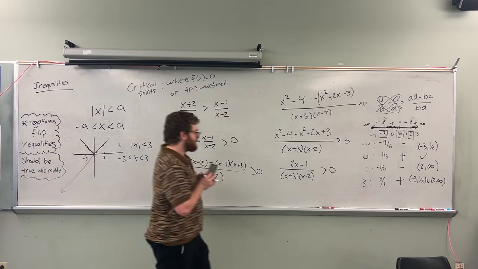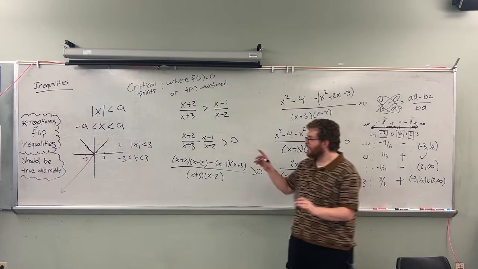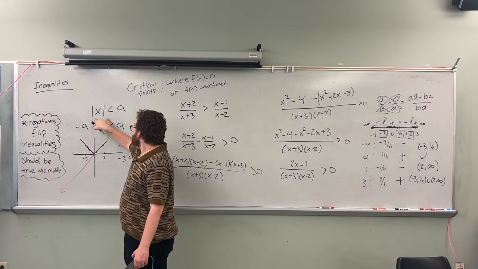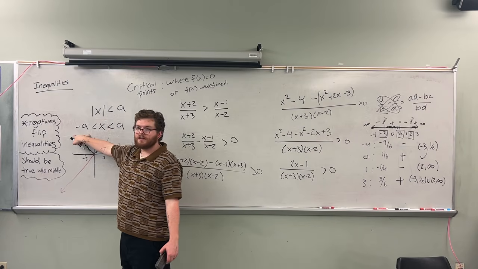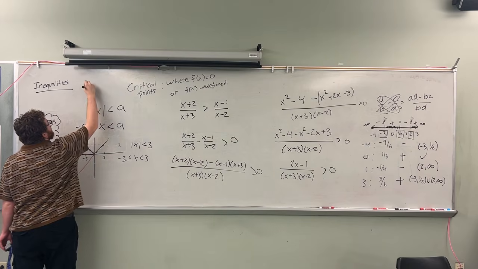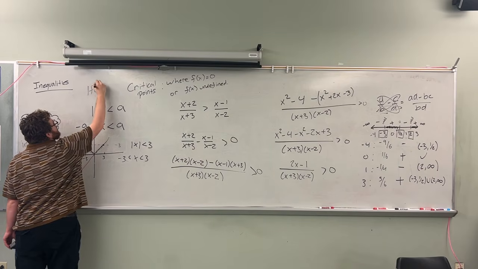But more or less, just write in your notes that if I get something like this, I can remove the absolute value sign and put negative the upper bound here. This works not only for absolute value of x, but absolute value of any function.